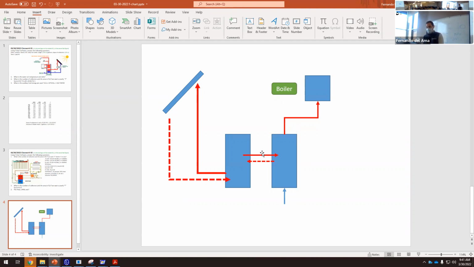Okay, this is the boiler, and this boiler again is heating up this tank. So we always need the inlet and outlet from the boiler to that tank. And now from this tank, at last, we can have the domestic hot water. Okay, from this one, we go to the shower.